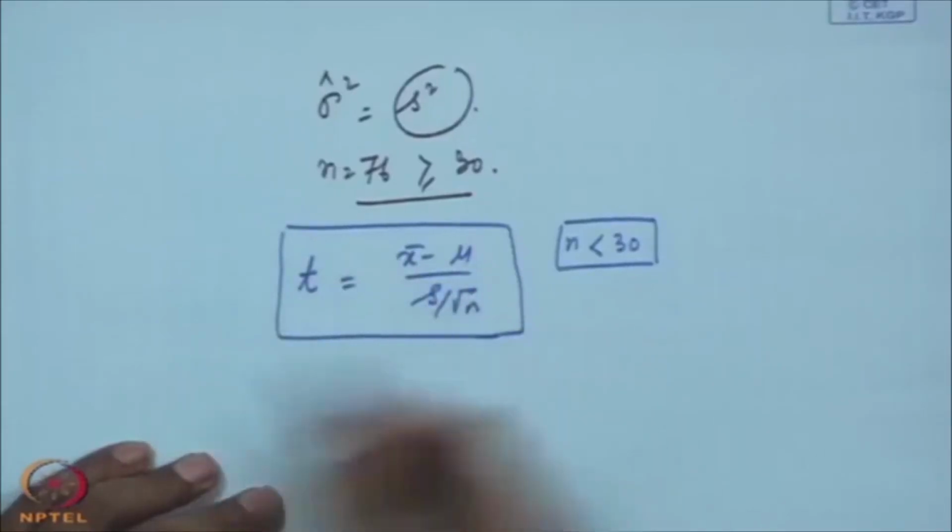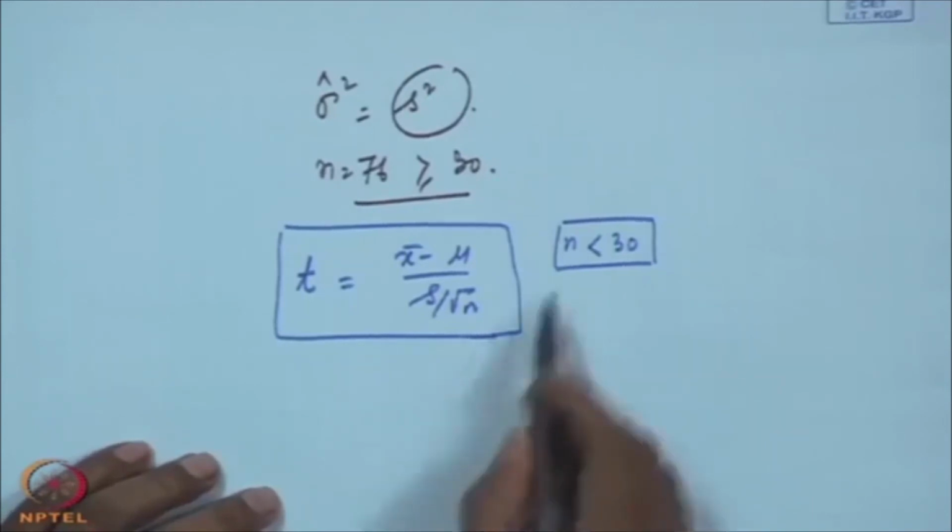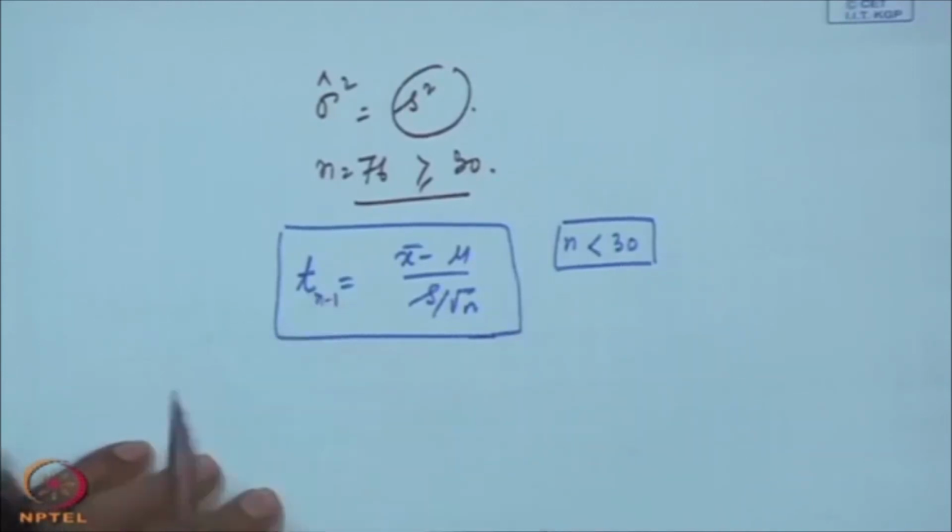If the population variance is not known and the sample size is small, but you are sampling from a normal distribution, then you have to use T. The rest of the things are the same. Now, in the case of T, I told you earlier that there are degrees of freedom for the T distribution. In this case, it will be n minus 1 degrees of freedom.